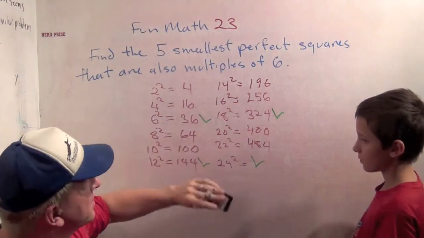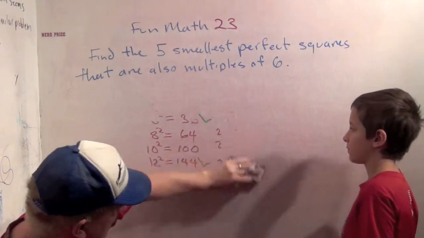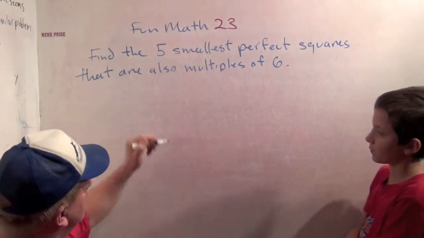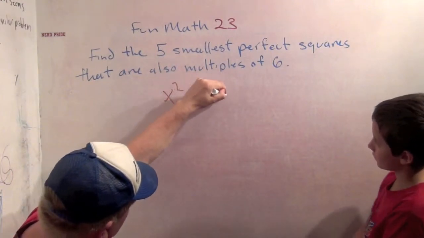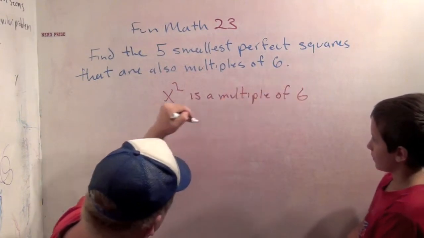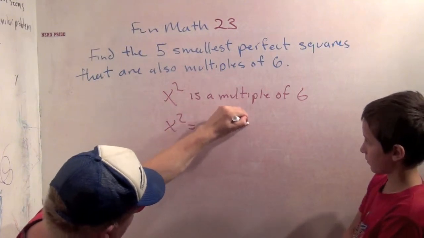So you can make a list and solve this problem, but there's another way to do this as well that we talked about on a similar problem. If x squared is a multiple of 6, we know that x squared is some number a times 2 times 3.